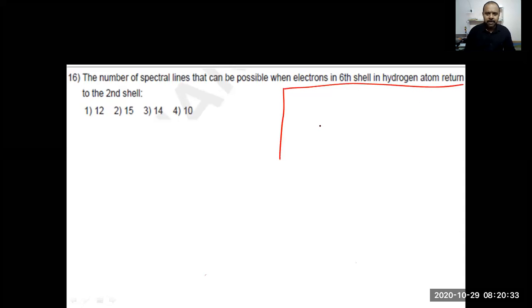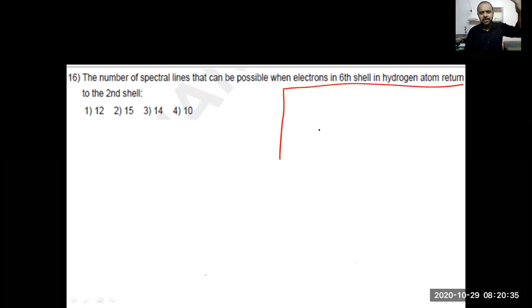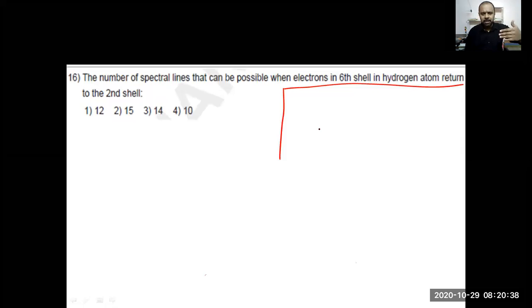Whenever an electron transition takes place from a higher energy level to the first energy level or any other level, the transition can happen at a stretch, or it can happen in steps. Let's say the electron is jumping from the 8th energy level to a lower level.